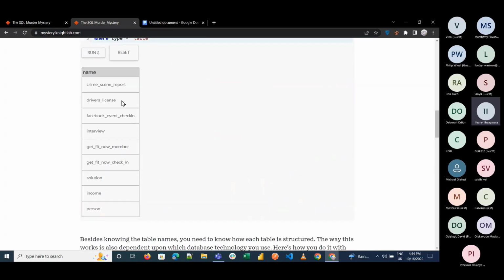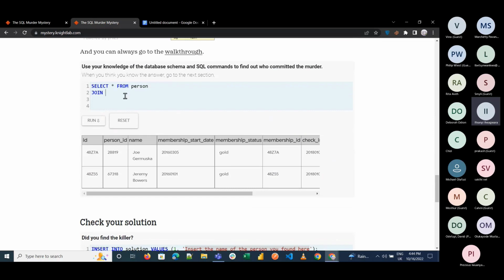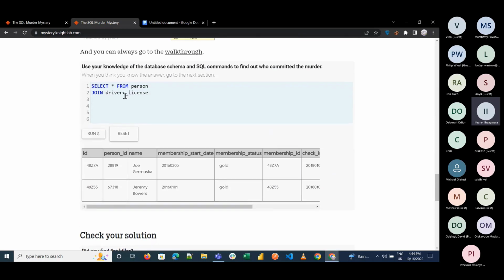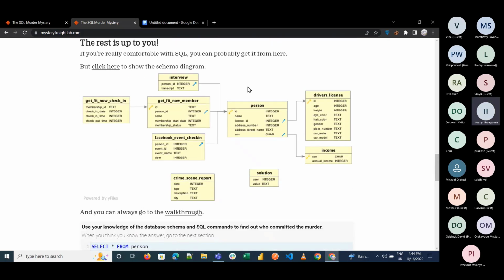I copy this and paste it here so that I make sure I don't get the spelling wrong. The next thing is we want to join it on one of the columns. On the persons table it is called license ID.